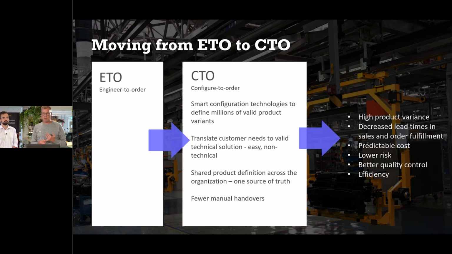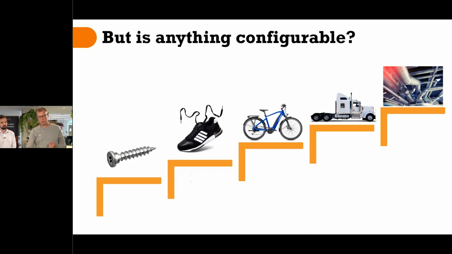We maintain the high product variance, we have decreased lead times in sales and order fulfillment, we get the predictable cost of your offerings. We also lower the risk and make your quality control better. And of course, a lot of efficiency results as well. So configure to order is something that we think is a great game changer for many of our customers.